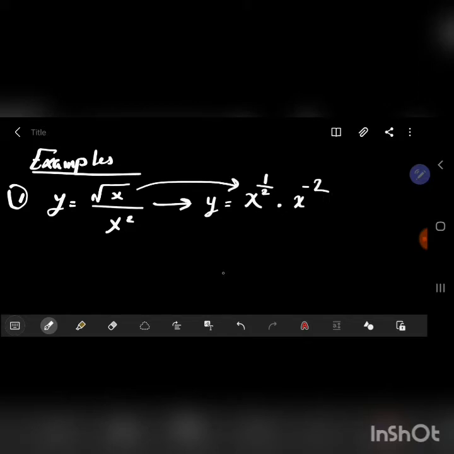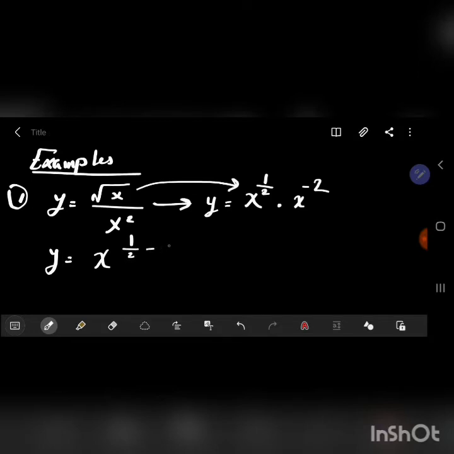We took it before as a rule. So here we will take its derivative. Y prime equals what? This is not the derivative yet. I will simplify it more than one time. Between them there is multiplication, and it's the same base, so we can take the sum of the two powers.